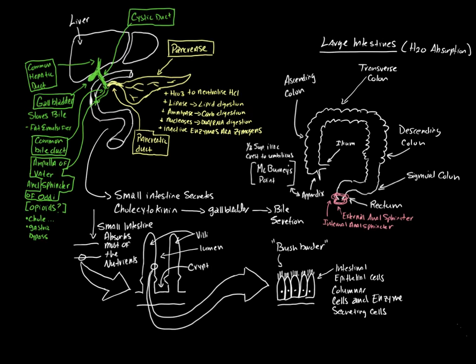And then that makes its way to the venous system of your intestines, what we call the mesenteric circulation. And then that ultimately goes into the portal circulation of the liver.